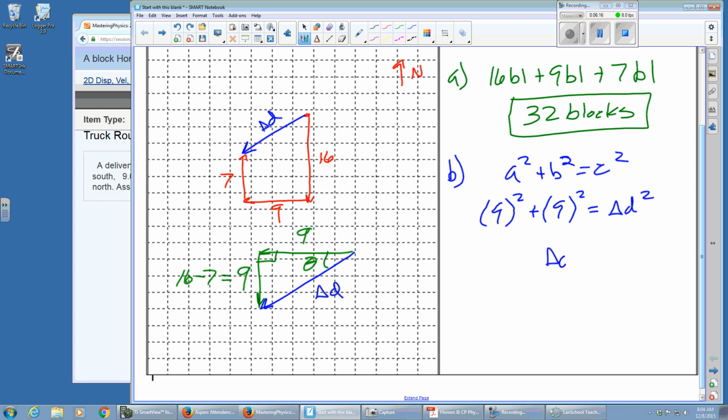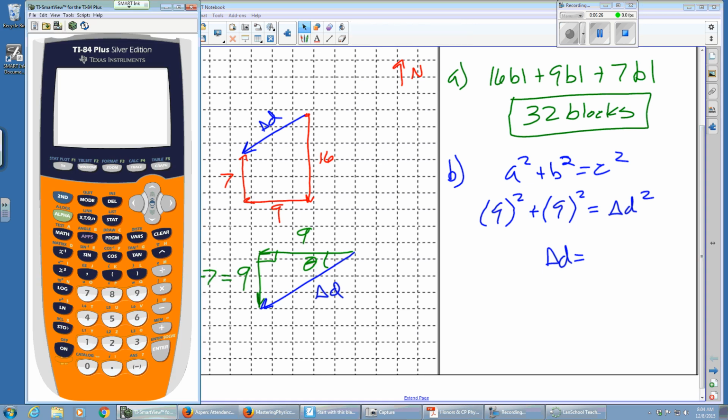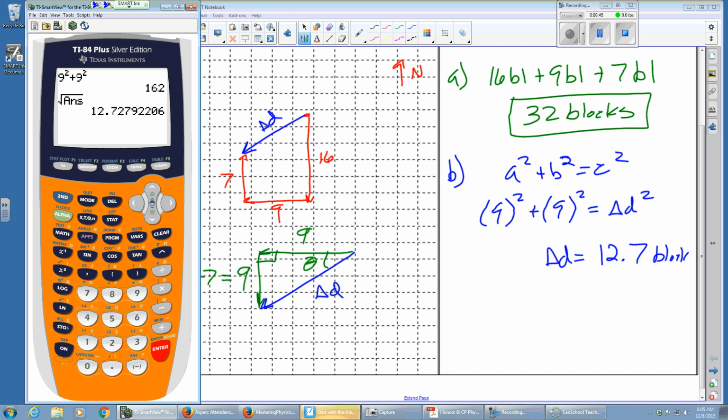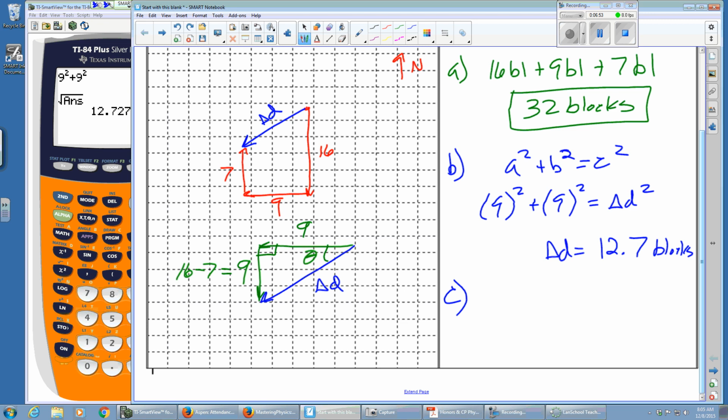And for delta d, I'm going to end up with 9 squared plus 9 squared, I get 12.7 blocks. And you're saying that one wasn't going in either, right? Okay. I will check on that one, but that's the correct method for it.